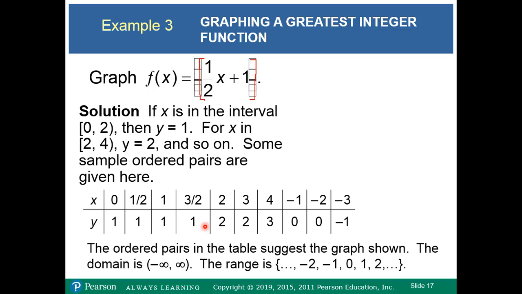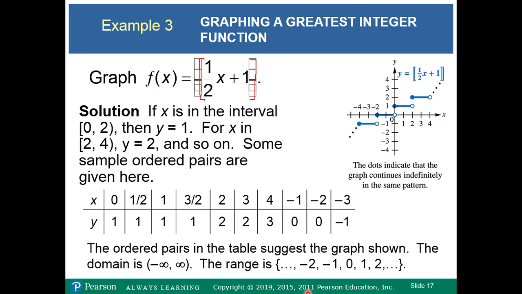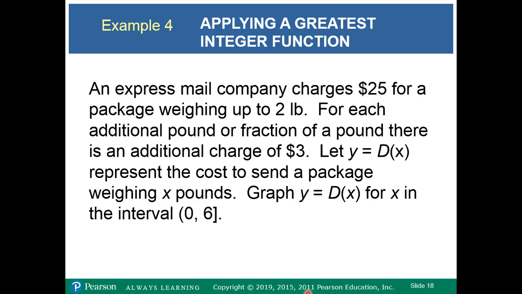And so the ordered pairs in the table suggest that the domain is going to be, again, all real numbers, negative infinity to positive infinity, and the range is going to be all of the integer values, from negative infinity to positive infinity. And so you get something that looks like that. So the greatest integer function will always give you a step function. It is a step function.